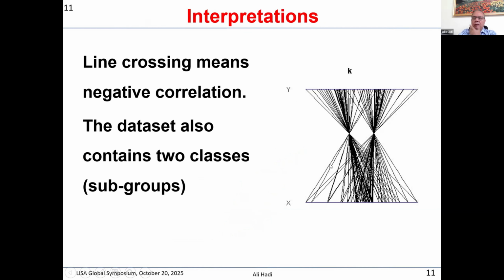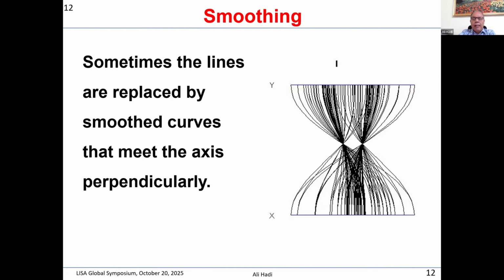So this tells you that the two variables are negatively correlated, and also that we have 2 classes of the data. Each one of them, x and y, is negatively correlated, but there are 2 different classes, as you can see. So this graph suggests that we have 2 clusters in our data where the variables are also negatively correlated.